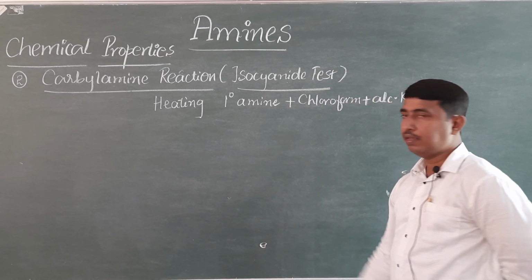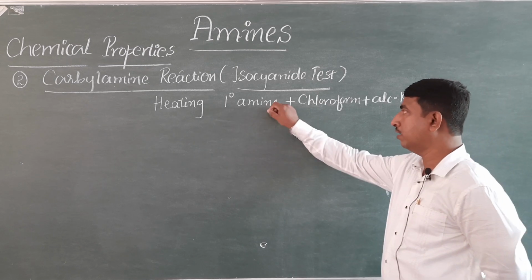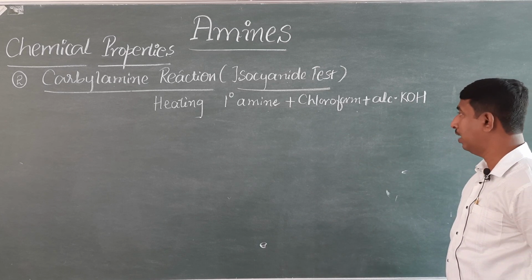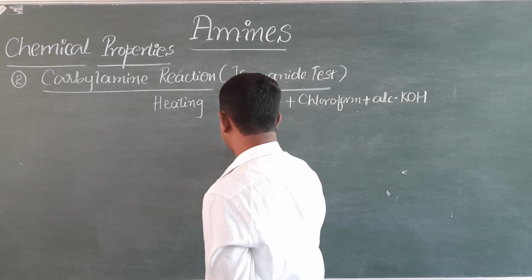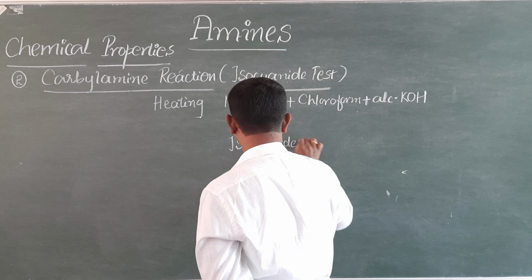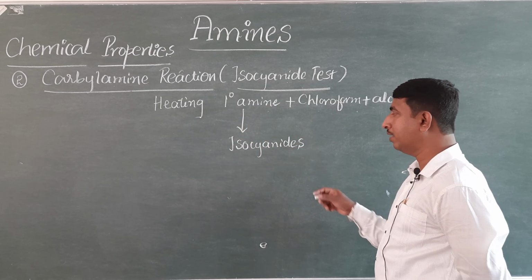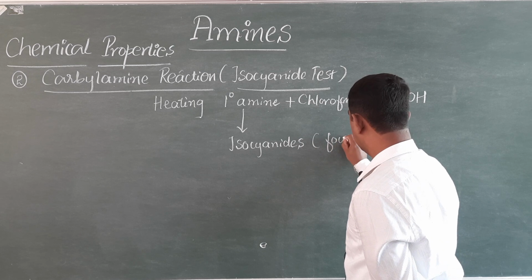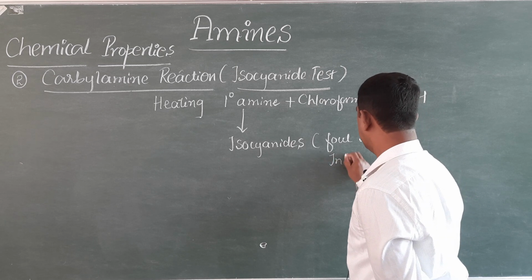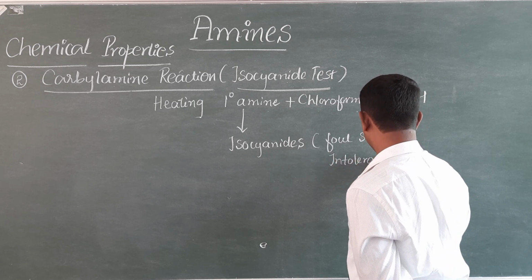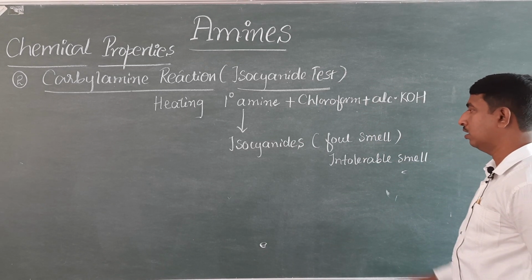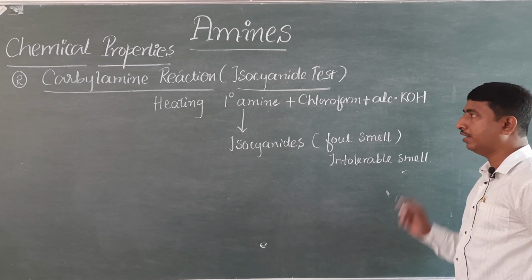So when a primary amine, aliphatic or aromatic, is heated with chloroform and alcoholic potassium hydroxide, isocyanides are formed, or carbylamine is formed, which has a foul or intolerable smell.